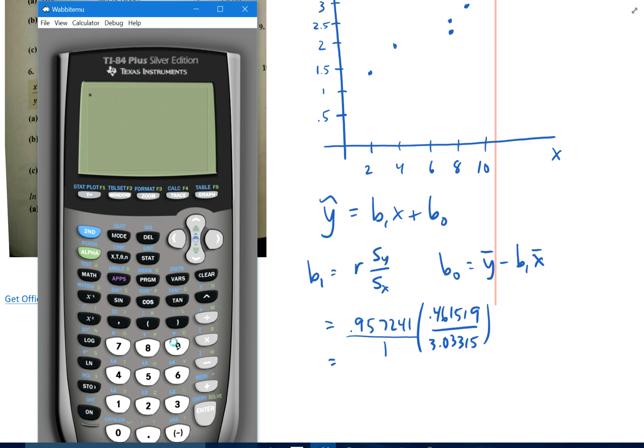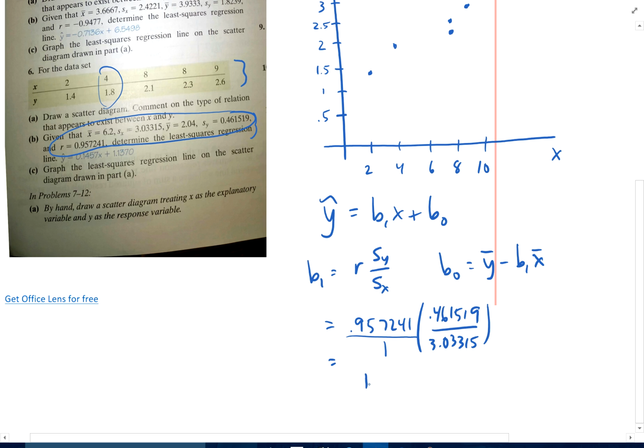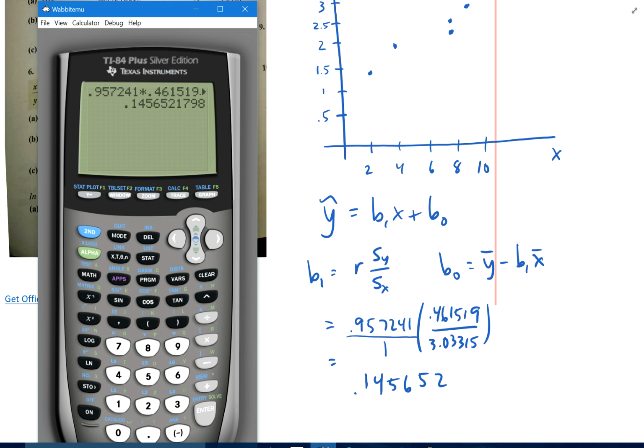So I've got 0.957241 times 0.461519 divided by 3.03315 equals 0.145652 1798.